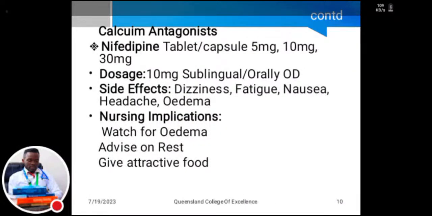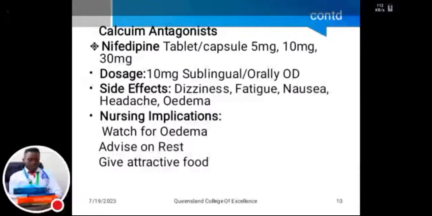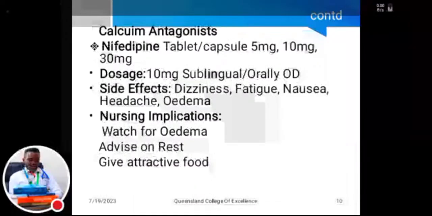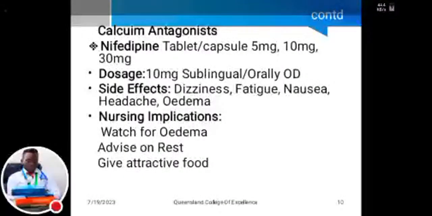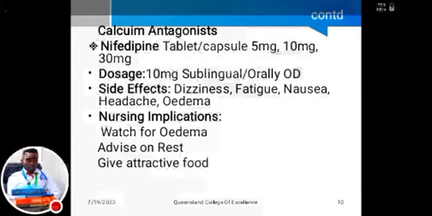What are some of the side effects? It brings about dizziness, because here is a situation where the heart now cannot pump blood the way it was pumping. It is now pumping blood at a slow pace, and that will make a person start feeling dizziness. Meaning that there is a low level of oxygen reaching the brain, as well as nutrients, that glucose that is reaching the brain cells.